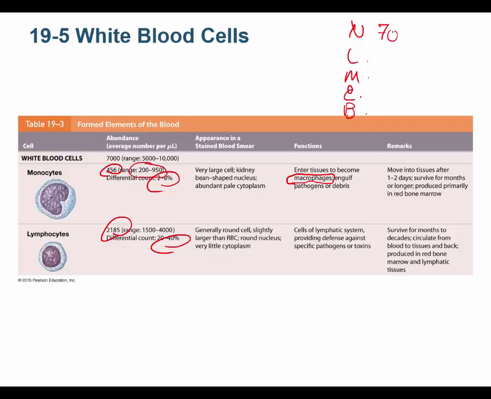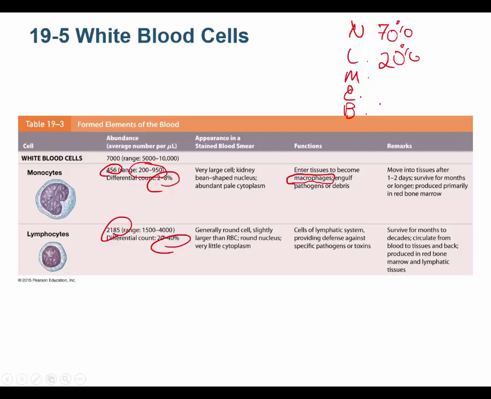And then I would have an idea about how much of these exist. So you can say, and by the way, notice I'm using the top end of neutrophils and the bottom end of lymphs. What's the lymphs? 20 to 40. You could actually do 30 with lymphs if you wanted. But if you do that, then that's 100%, and that doesn't add up to anything. So I'm going to keep it at 20.